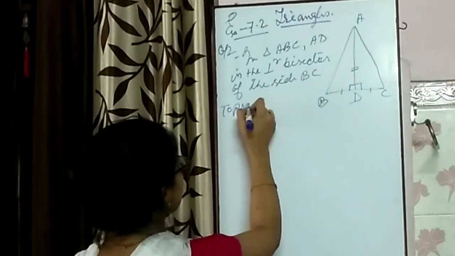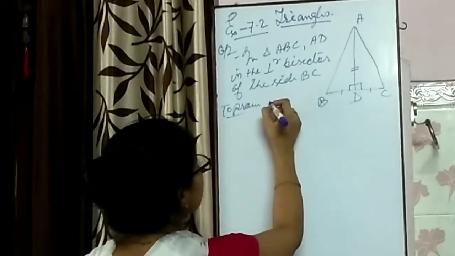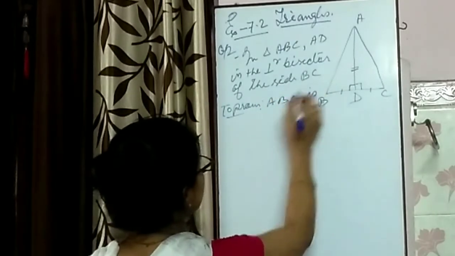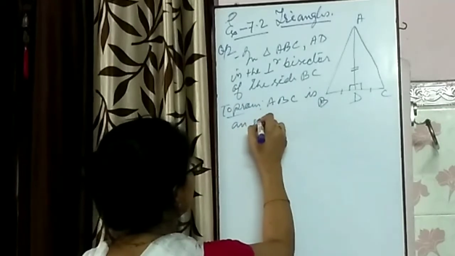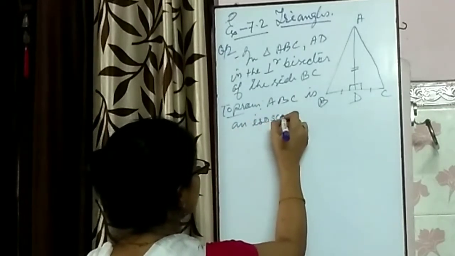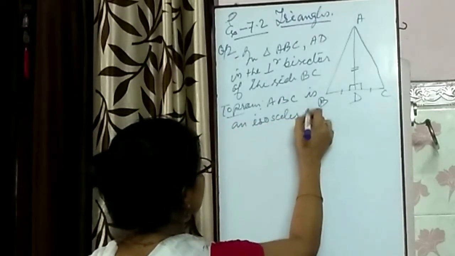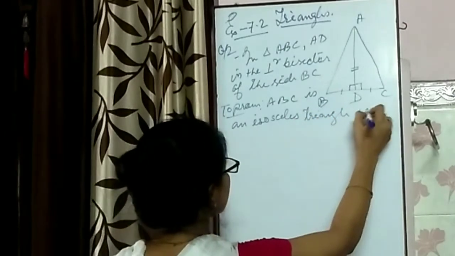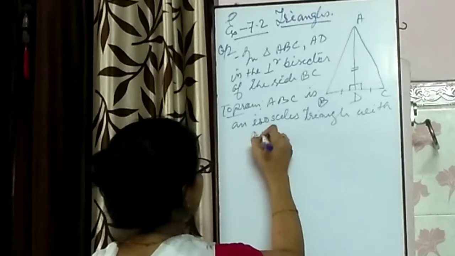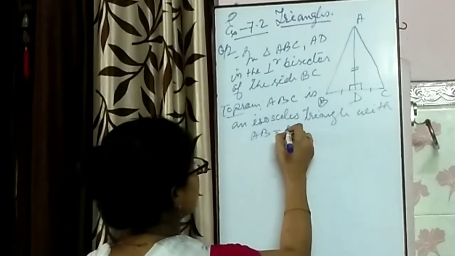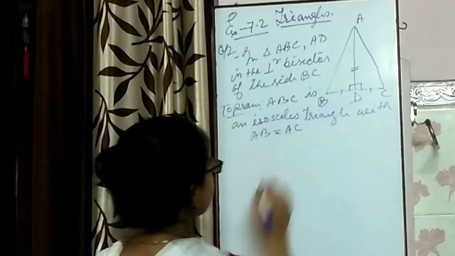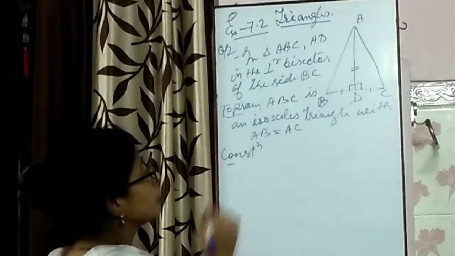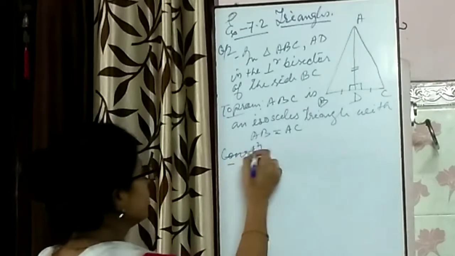To prove, ABC is an isosceles triangle with AB equals AC. Construction, no need of writing construction.